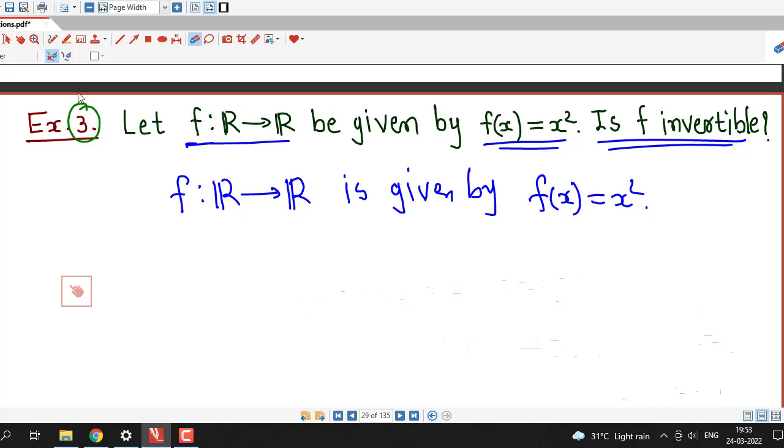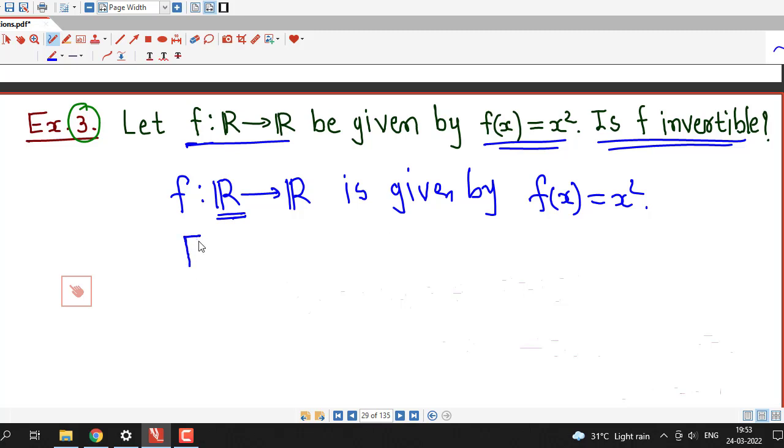So to show that this is not 1 to 1, we have to decide two elements in the domain, or we have to decide two real numbers which are distinct but their images are not distinct. So that is obvious.